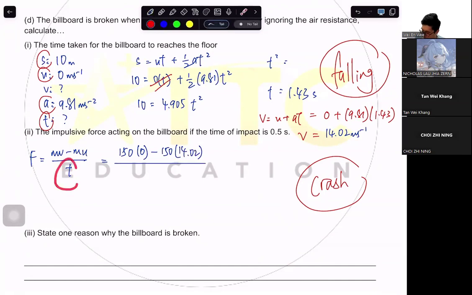This time is different from the falling time. This is the kaboom time, the time of impact. The crashing time is 0.5 seconds. So calculate this for me.